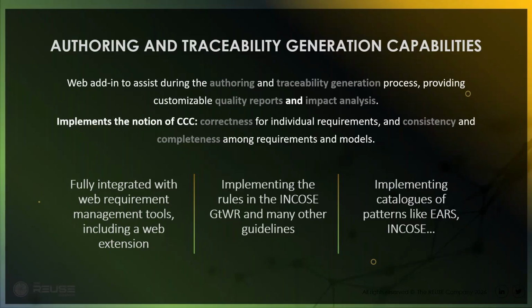We provide a web extension that is generic, not tied to any requirements management tool, but it enables the identification of where you are writing your requirement or some other textual assets, identifies it, and then offers you the possibility of implementing our notion of correctness, consistency, and completeness, CCC, to these assets that you are authoring right in the web tool.